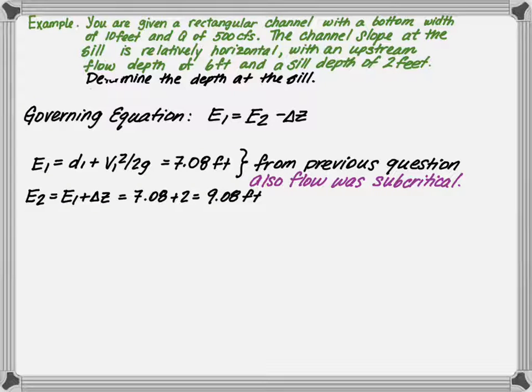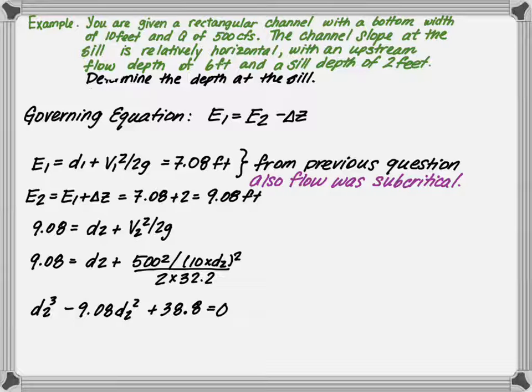E2 is equal to E1 plus delta Z, and since delta Z is 2 feet, our energy at point 2 has to be 9.08. Since we have a sill, the energy at point 2 is much larger than the energy at point 1. We set the energy at point 2 equal to the depth plus the velocity head at point 2.